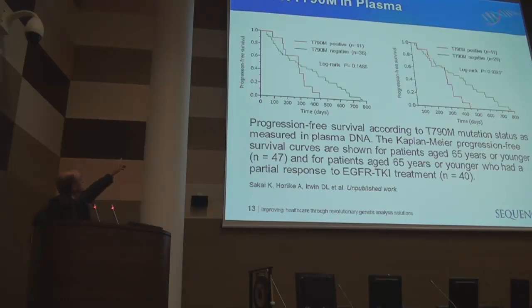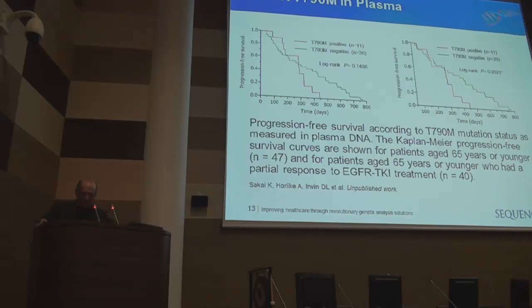And you can see that in green, you might have almost 2.5 years for some of these patients before disease occurs if they don't have this mutation. But you can see the red curve. Unfortunately, these patients, after about 1.25 years, the drug is no longer effective.